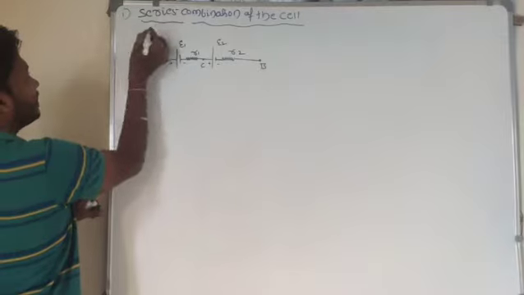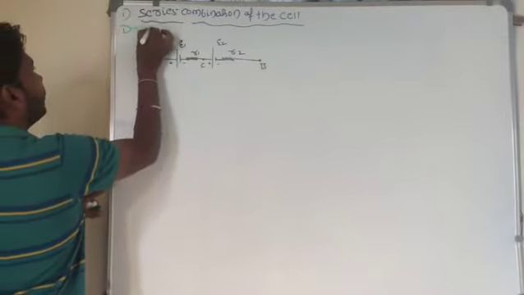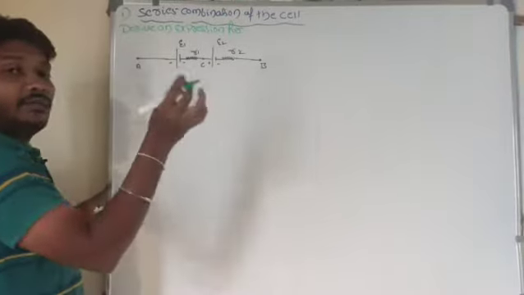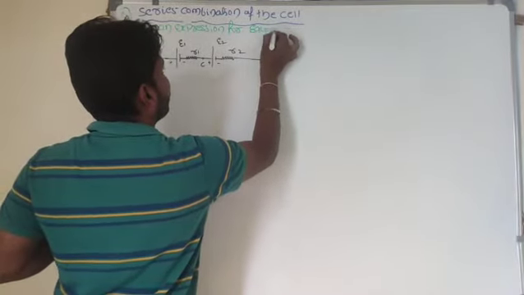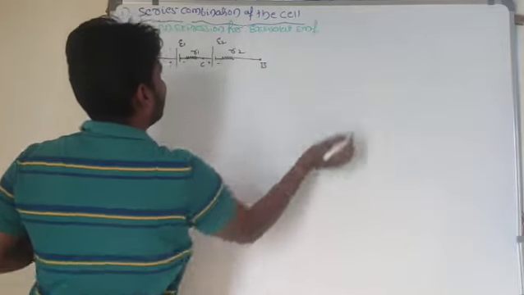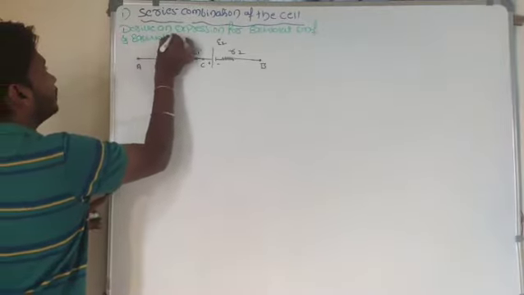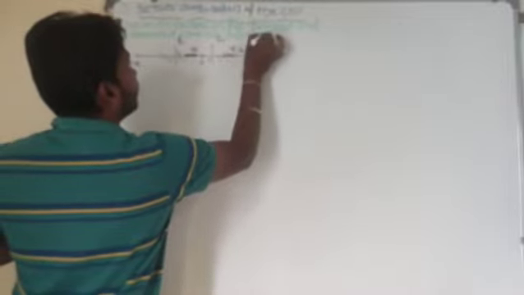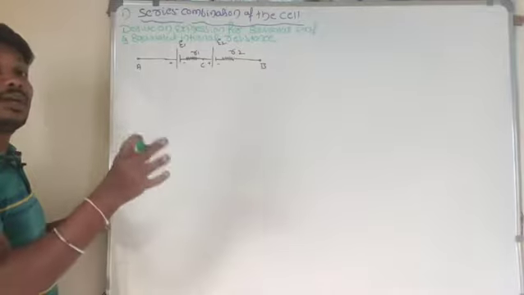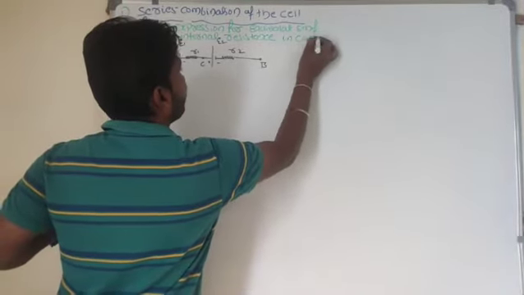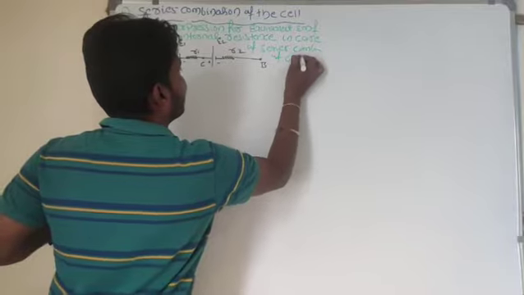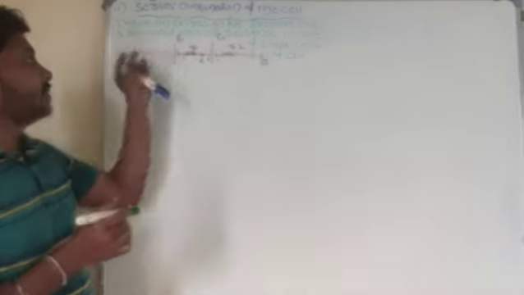In the theory examination they will ask a question like this: derive an expression for equivalent EMF and equivalent internal resistance in case of series combination of cells. For 3 marks or 5 marks they will ask such a question.